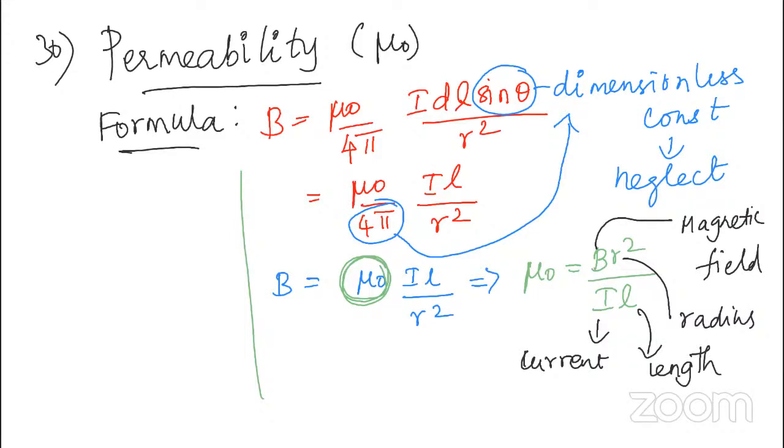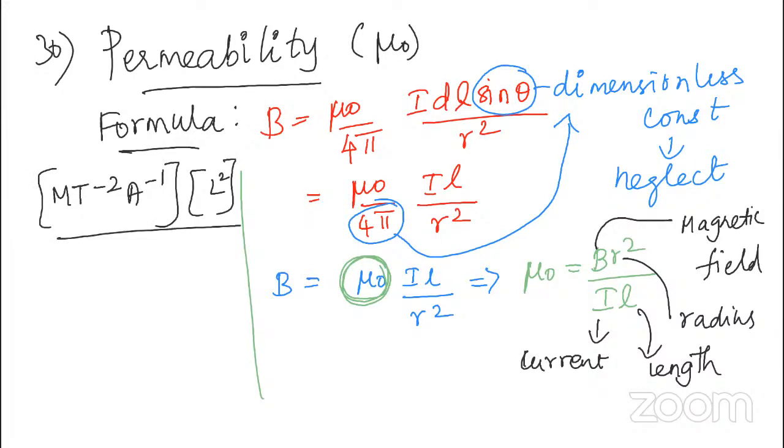For magnetic field, it is M T power minus 2 into A power minus 1. For R square, it is L square, divided by, for current, ampere, that is A. For length, it is L. Now cancel all these things.